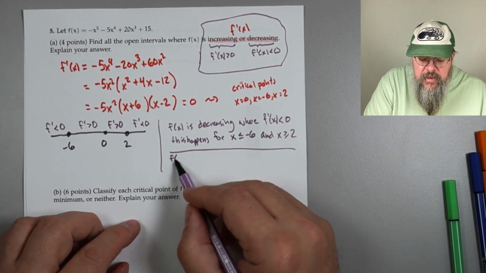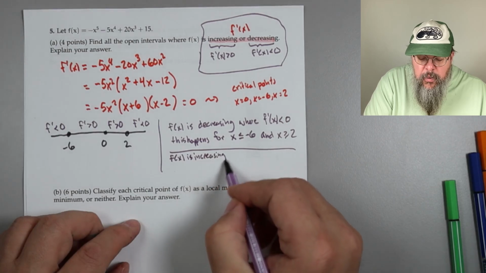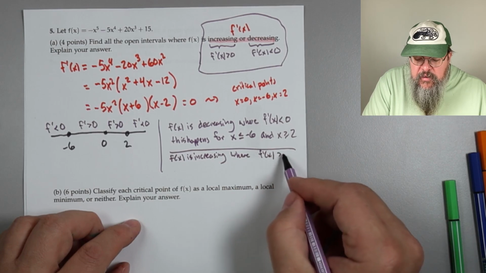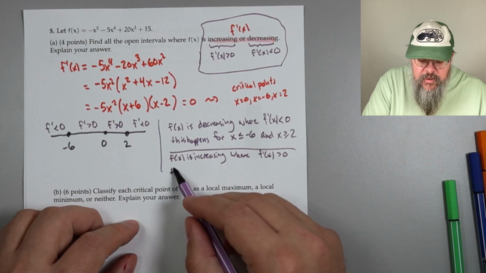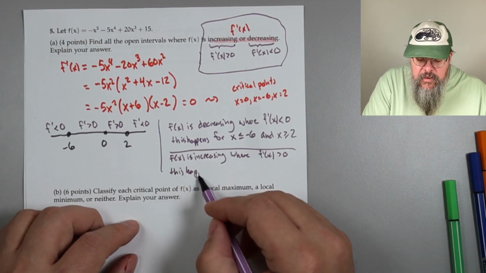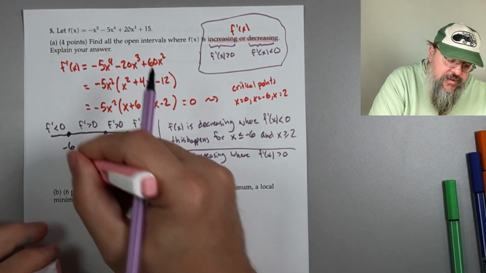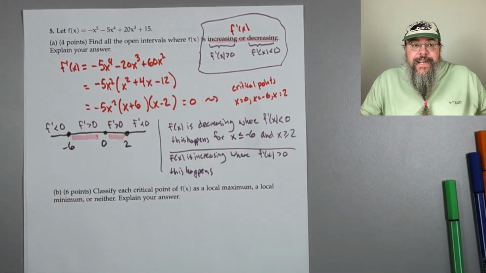F of x is increasing where f prime of x is positive. Okay, so where does this happen? Now, if you look at it, you might say, oh, there's 2 places, right? There's from -6 to 0 and from 0 to 2. But they're right next door to each other.